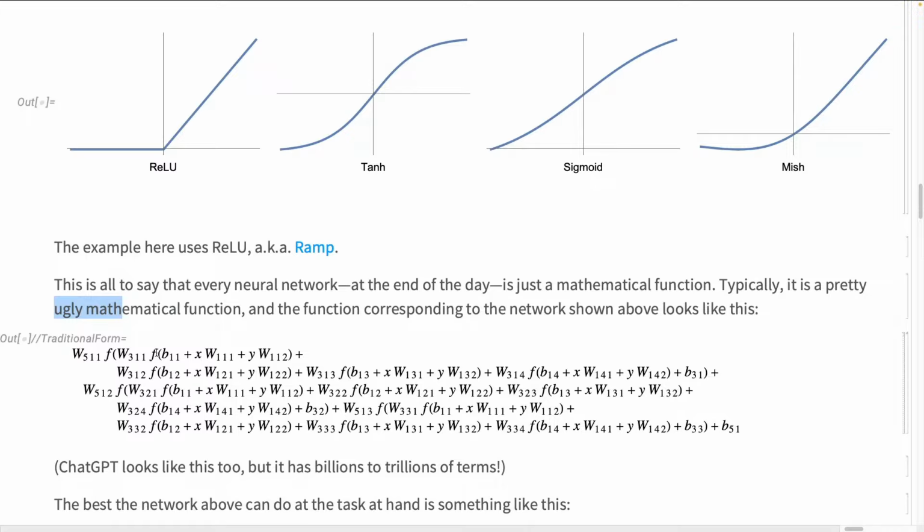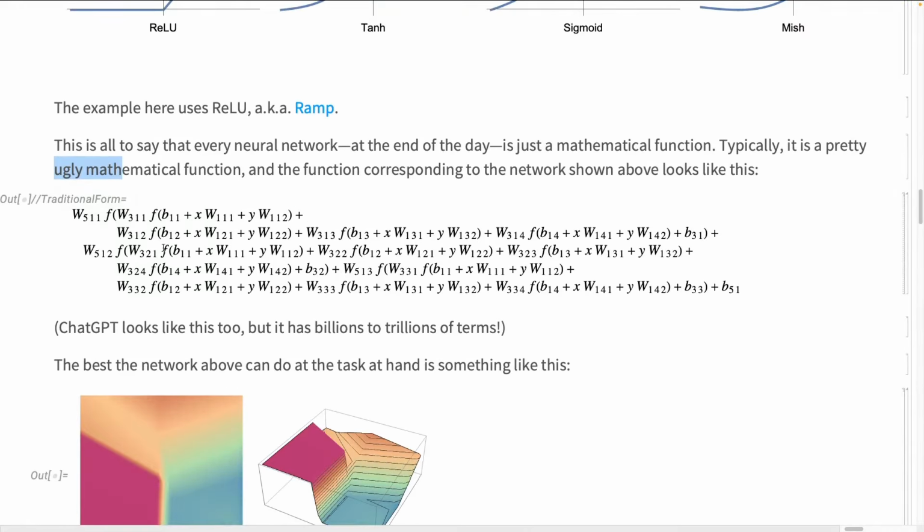That's all it's doing. And indeed, even something as complex as ChatGPT, internally, in a sense, can be represented by a mathematical function just like this, except for ChatGPT, it has billions to trillions of these terms here because the weights matrix is so big.